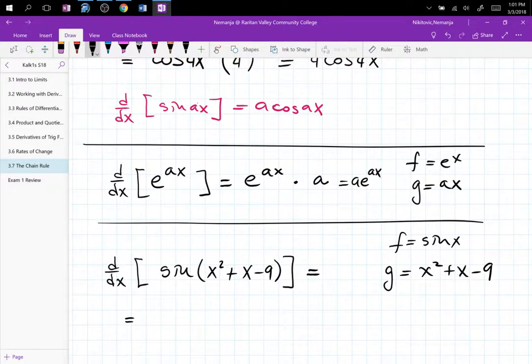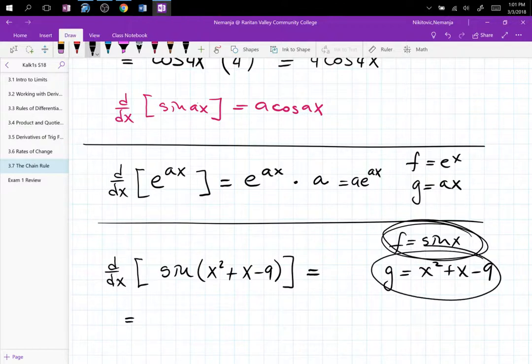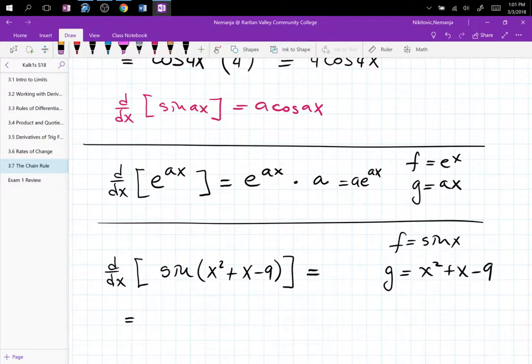You have derivative of the outer function times derivative of the inner function. What do you mean cosine times? Cosine without argument is pointless. Cosine of what?